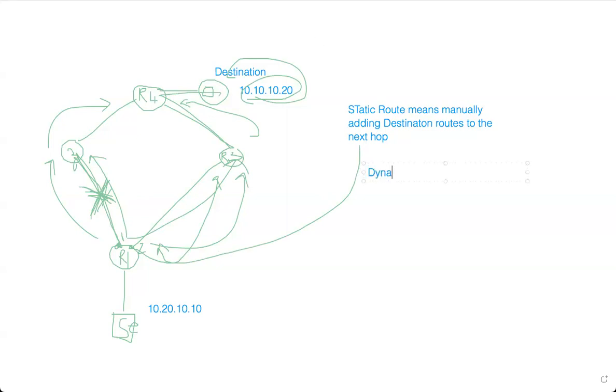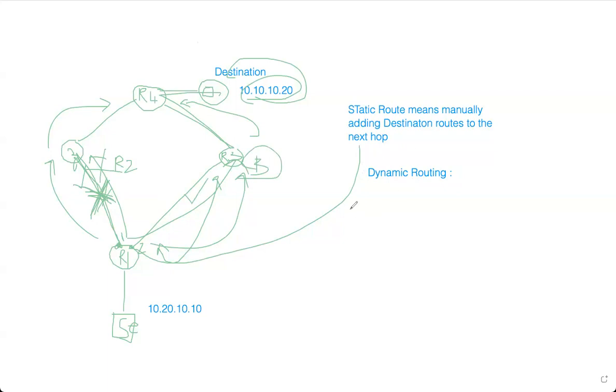So dynamic routing will select whichever is the best path. Let's say it selects R2 as the best path and puts R3 as the backup path. If the best path fails, it will automatically inject the backup path.